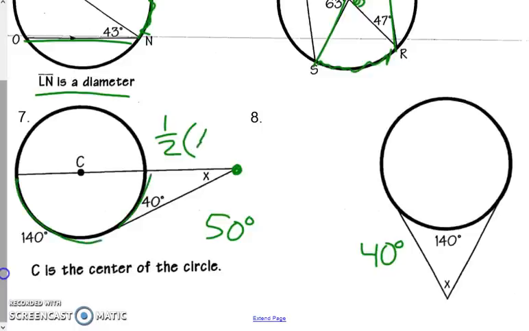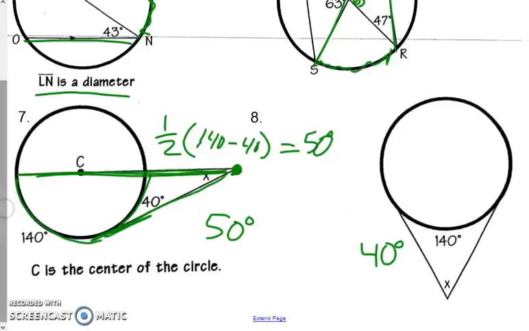The difference between them is going to be 100. 1/2 of 100 is 50. Okay? So one of these is a tangent line. One of these is a secant line. But I want you to keep in mind that the formula doesn't care. It works for either case, whether you have 2 tangents, 2 secants, or one being a secant, one being a tangent, as long as the vertex is outside of the circle.